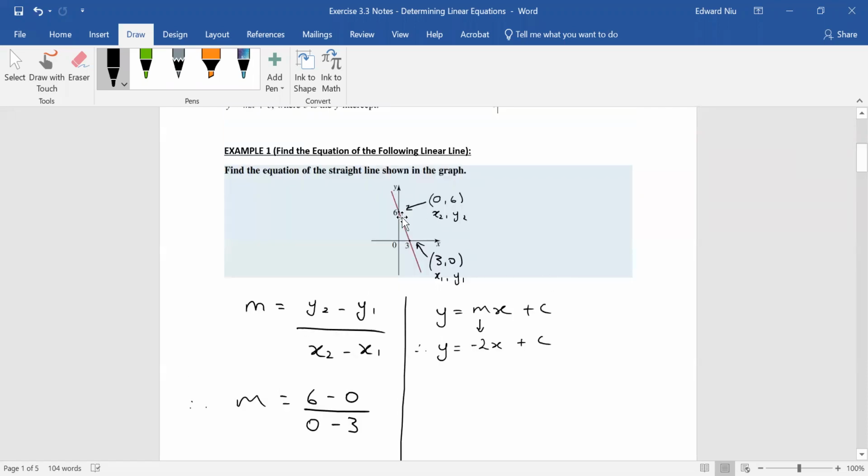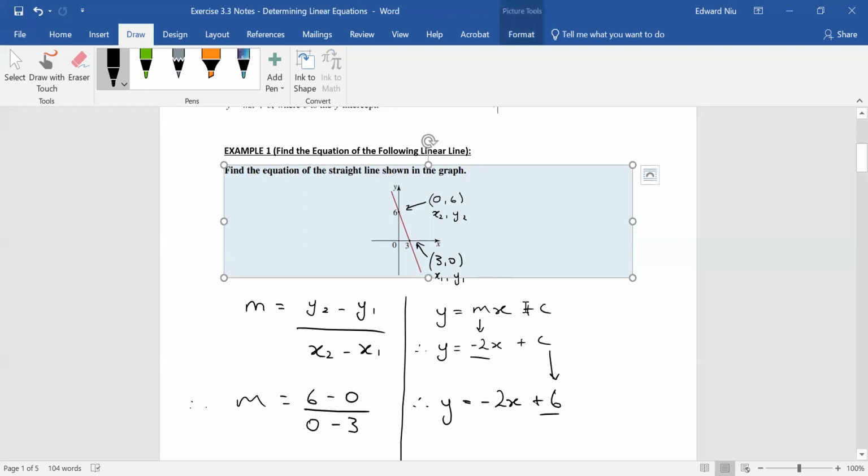The plus c is always our y-intercept, and if the graph gives us a y-intercept, we don't need to use any fancy equation to find it. It hits the y-axis at +6, so the plus c is going to be +6. All right, so our line's final equation is y equals -2x plus 6.